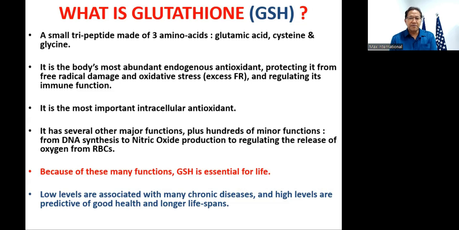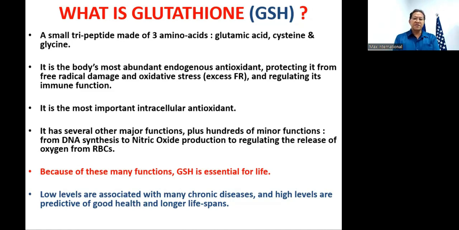It is the body's most abundant endogenous antioxidant, meaning it's produced in the body, protecting it from free radical damage and oxidative stress. And what we mean by oxidative stress is when there is excess of free radicals over the available antioxidants, and regulating its immune function. It is the most important intracellular antioxidant. So it's most important for the cell, must be most important for the organ, must be the most important for the body.